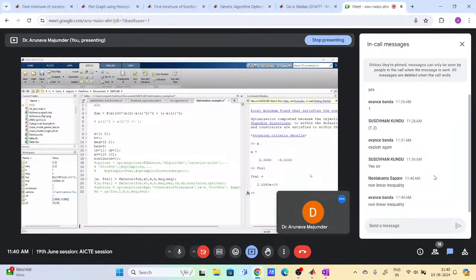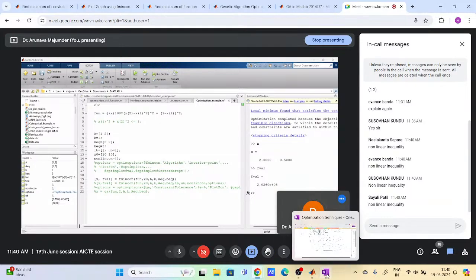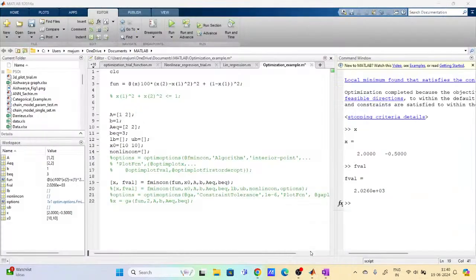So it means that only one constraint is there. No other constraint is there. A nonlinear inequality, and there is no equality constraint in the problem. I am also deleting the other constraints, just for the sake of simplicity.